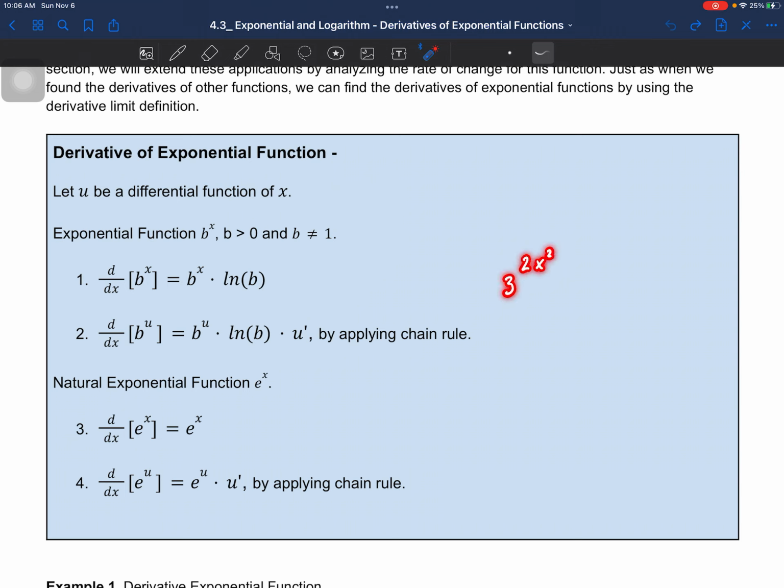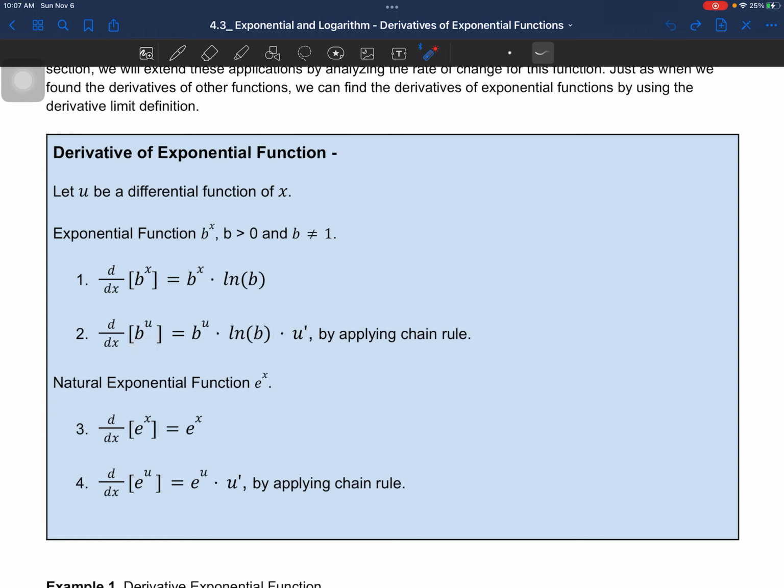This example is when we actually have a function in the exponent, a function of x in the exponent. So this would be, for example, if we have 3 to the 2x squared plus x plus 1. If you notice, this is no longer just an x, but an actual function. So imagine that this is your u, a function of x. We're going to consider this to be the inside part of the function.